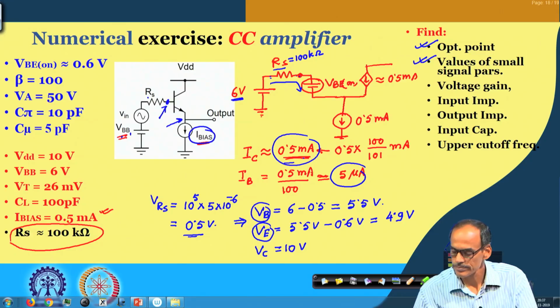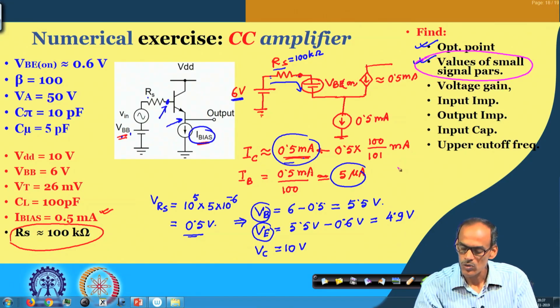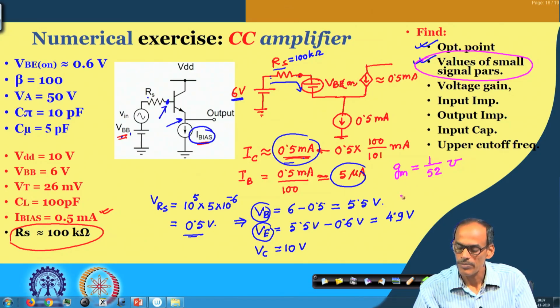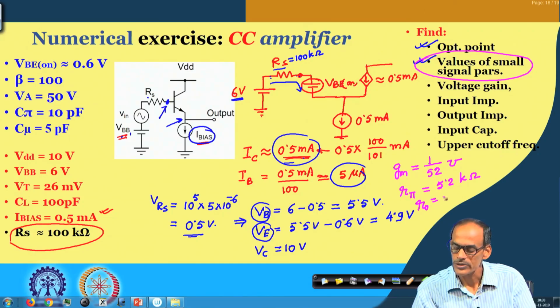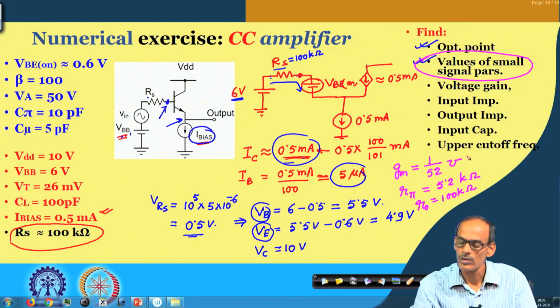Namely, the value of gm is again 1 by 52 ampere per volt, then r pi is 5.2 kilo ohm, and then ro is equal to 10 to the power 5, that is 100 kilo ohm, right.